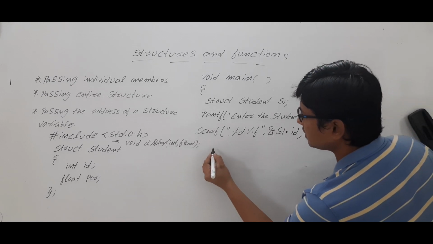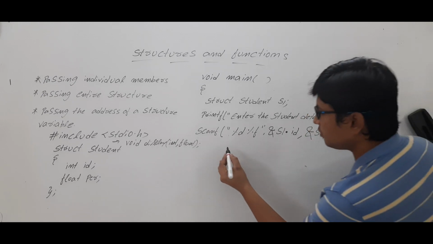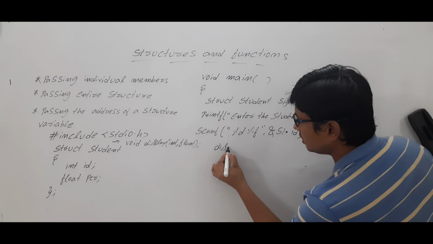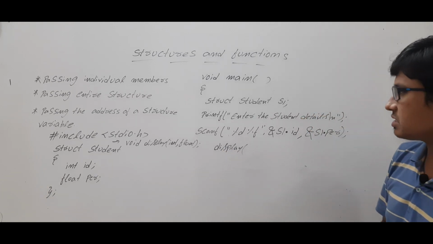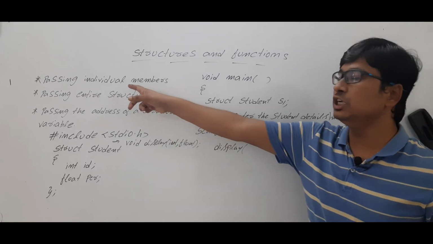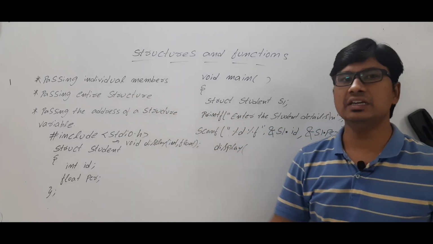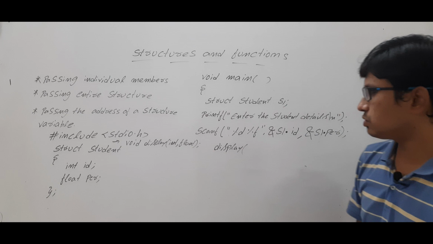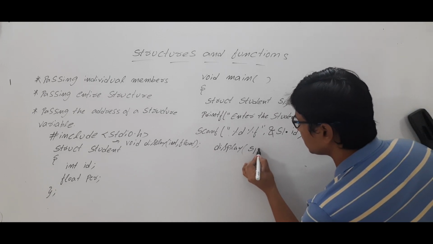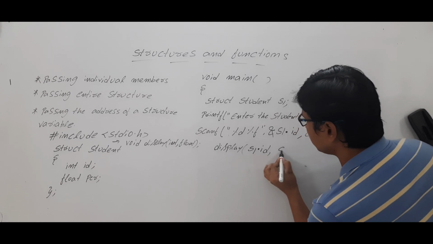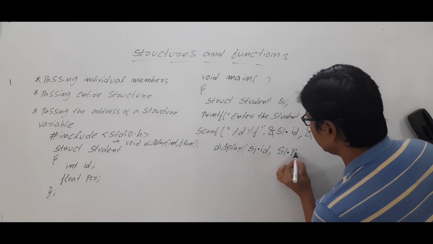Now let me write the function calling. The function calling will have the name of the function. Now what are you passing? You are passing the individual members of the structure student. So how can you pass? You are passing s1.id, s1.per.